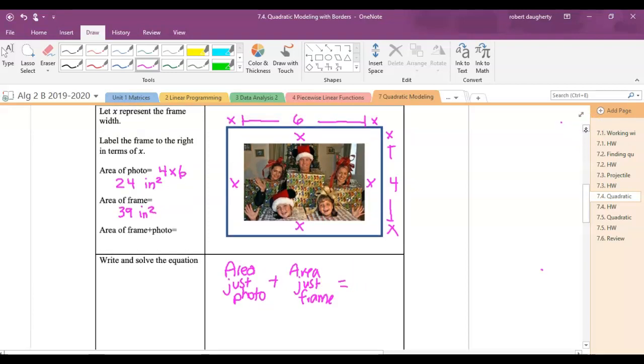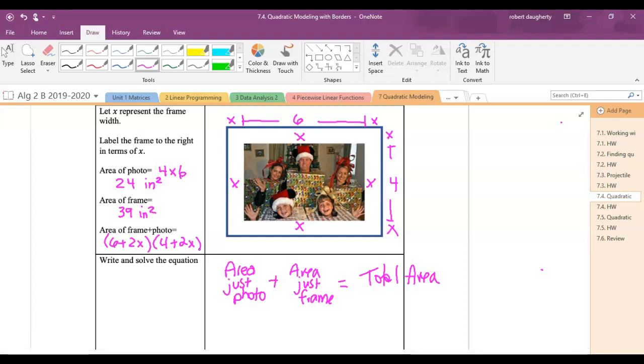So how do I find the area of this total thing in blue here? What are the dimensions of this side right here? 6 plus 2x. What are the dimensions of this side? 4 plus 2x. So the dimensions of the frame plus the photo have to be 6 plus 2x times 4 plus 2x.